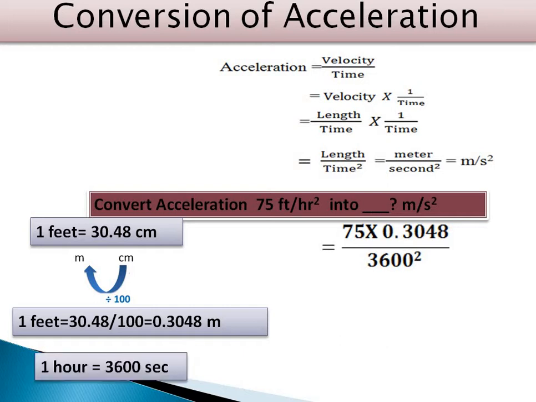It will give the output as 1.76 into 10 to the power minus 6 meter per second square. Okay, so the 75 feet per hour square acceleration is nothing but 1.76 into 10 to the power minus 6 meter per second square.